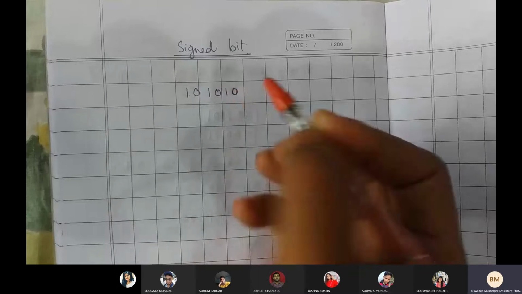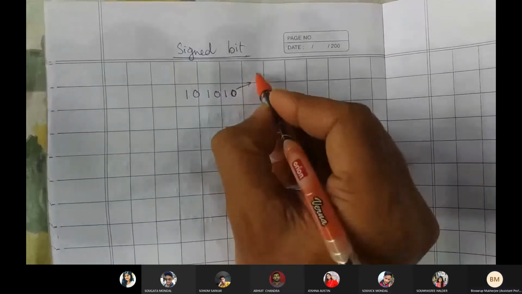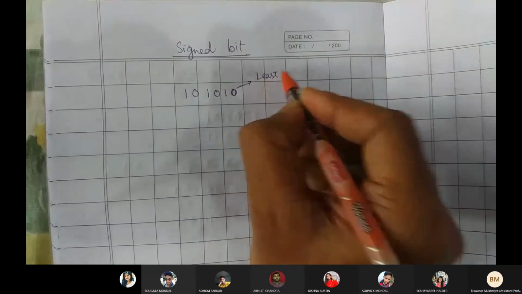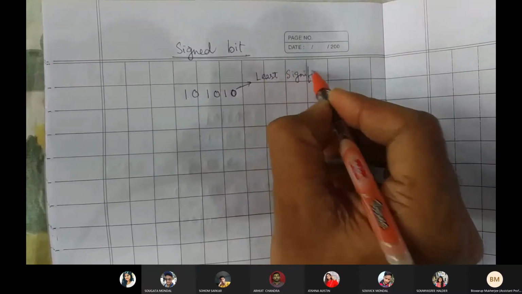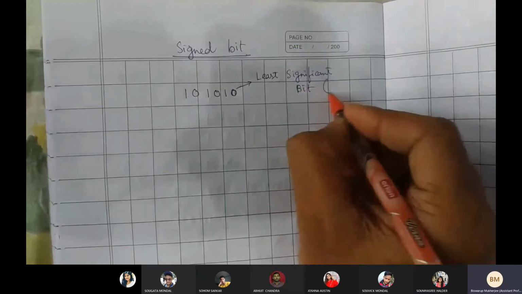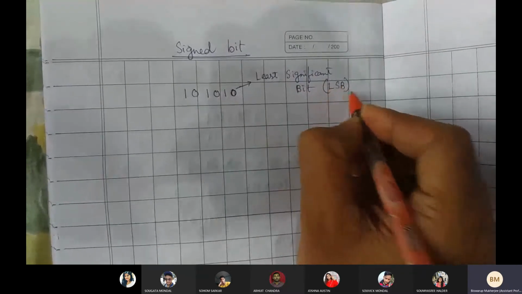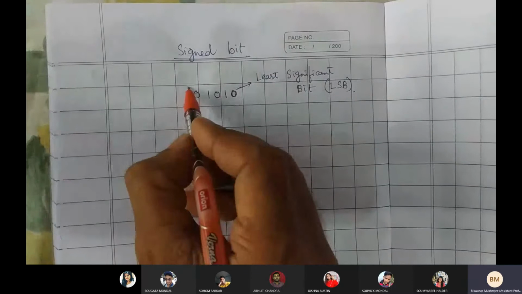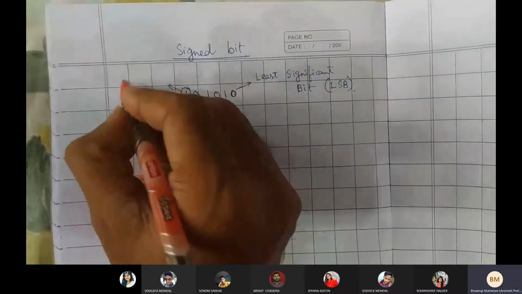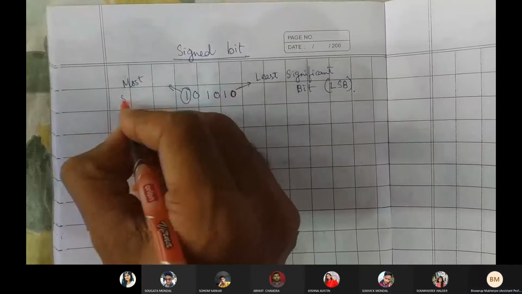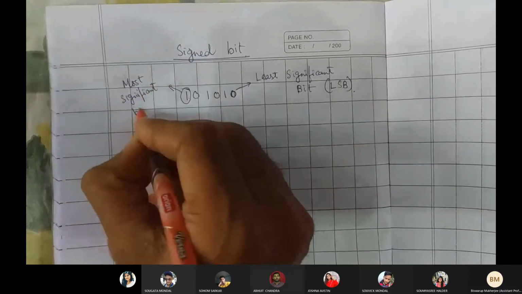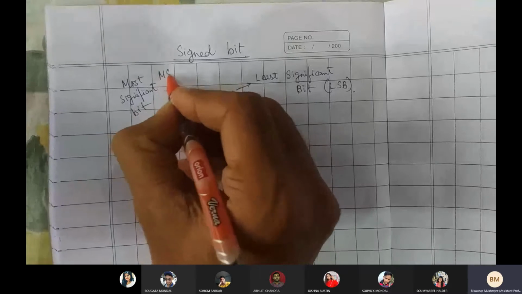This right hand side bit is called the least significant bit, or in short, LSB. And the leftmost bit is called the most significant bit, or in short, MSB.